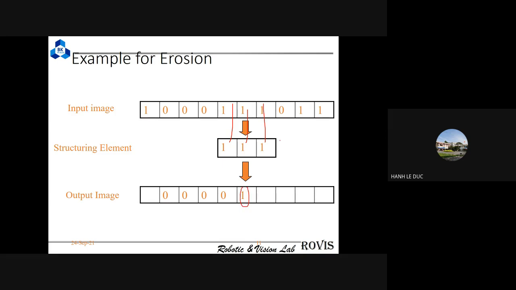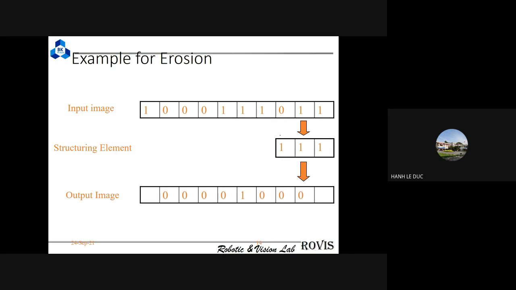And the next one is 0, because it's different. And this is 0. One question: how about this position? Easy, just padding, and then you can get the result here.